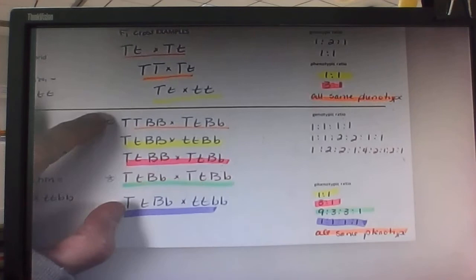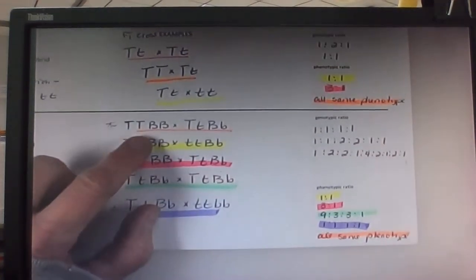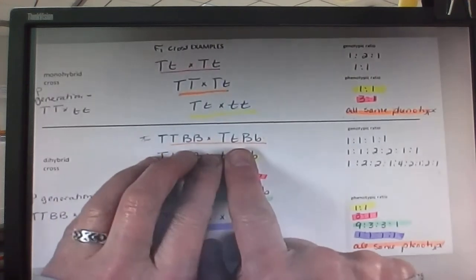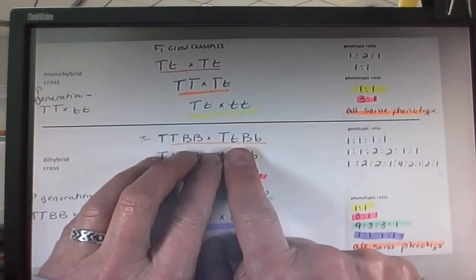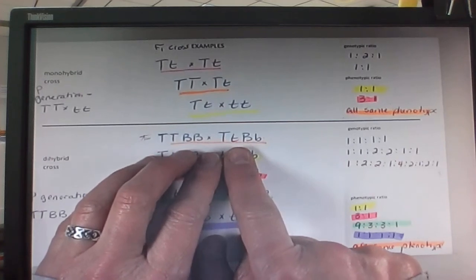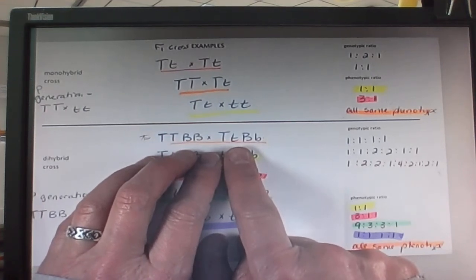Then I think the other two, this one is pretty easy. Why is it that this will always be all the same phenotype when we run this through? Oh, why will I never have a recessive trait show up at all?